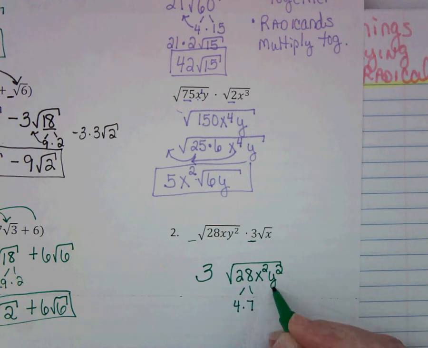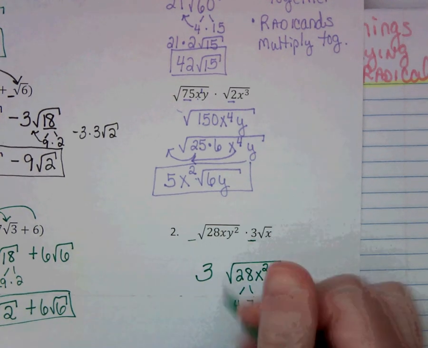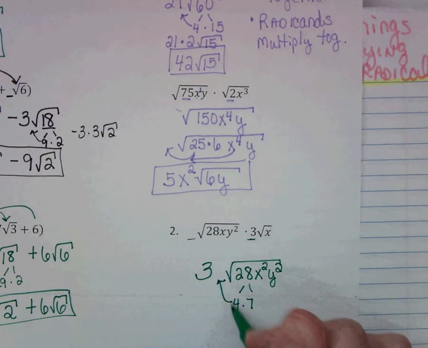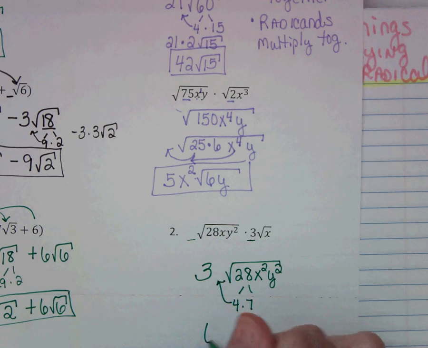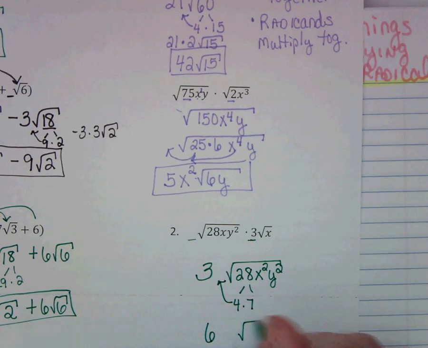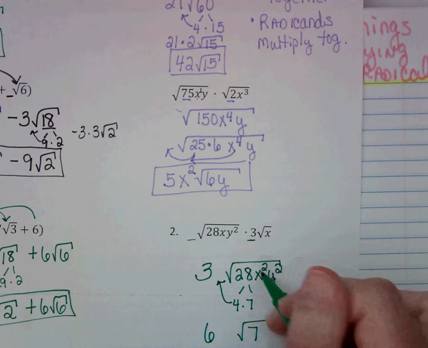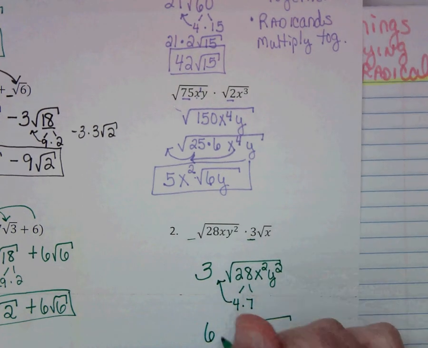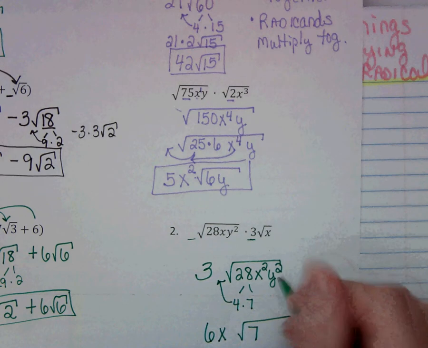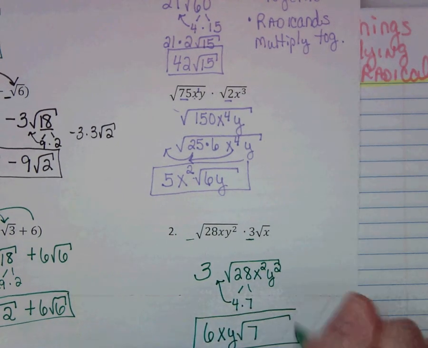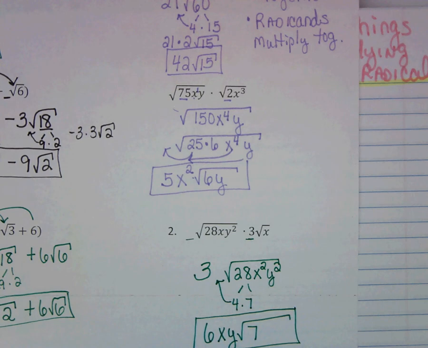These are already even exponents, so we're already good there. The square root of 4 is 2, so 2 times 3 is 6. That leaves the 7 underneath. The x squared, that's a perfect square. We have 1 pair of x's and 1 pair of y's. So 6xy the square root of 7.